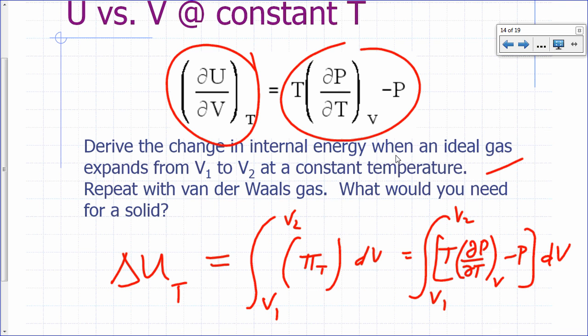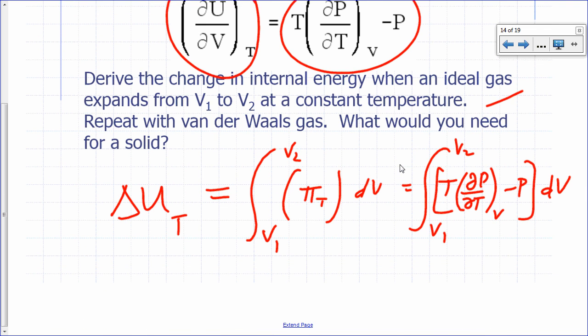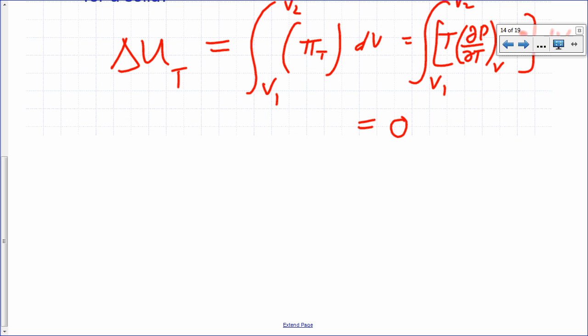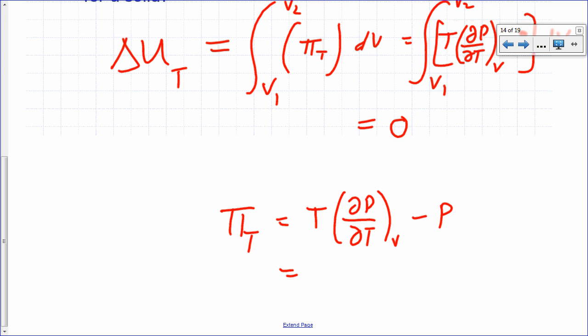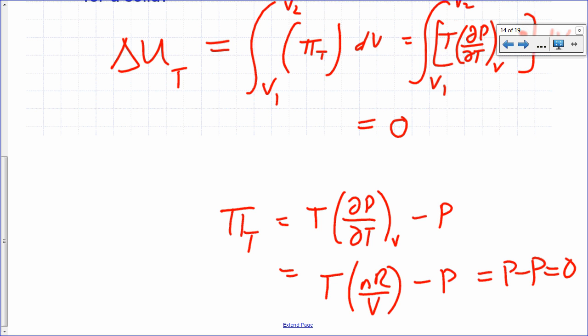And we did this before. What's the answer to this one? Ideal gas, isothermal, delta U is 0. Why is that? Because pi sub T for an ideal gas is just what? T times dP/dT at constant V minus P. What would that be? That's nR over V minus P. That's P minus P. That's 0. Okay?